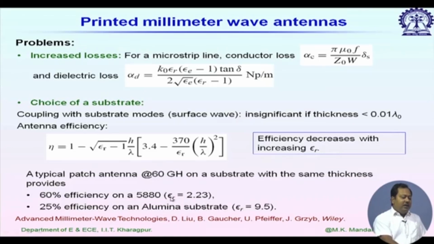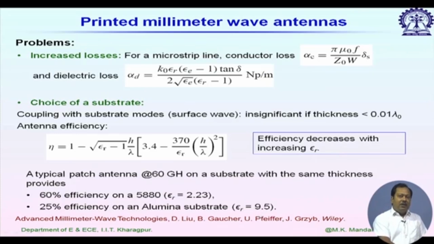When we design it on a 5880 substrate, where the dielectric constant is approximately 2.23 at 60 gigahertz, the antenna efficiency comes to 60%, and it reduces to 25% when the same antenna is designed on alumina substrate, which has a higher dielectric constant, epsilon r equal to 9.5.